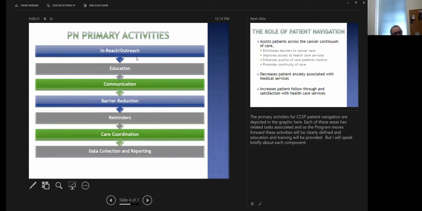So when we're thinking about in-reach, we talk a little bit about the navigators really ensuring that they're working with the rest of the healthcare team to really understand who's eligible, keep this area of cancer prevention on their radar.